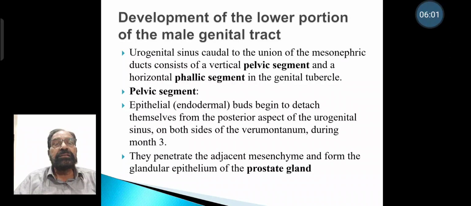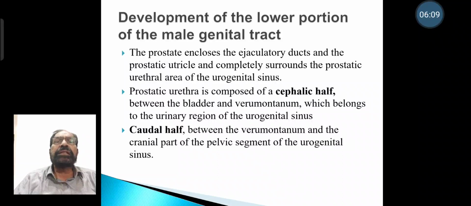They penetrate the adjacent mesenchyme and form glandular epithelium of the prostatic gland. Prostate encloses ejaculatory ducts and the prostatic utricle and completely surrounds the prostatic urethral area of the urogenital sinus.